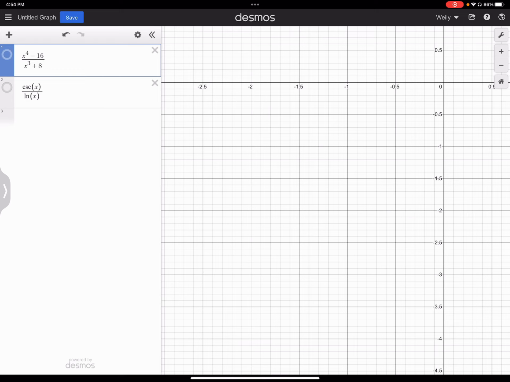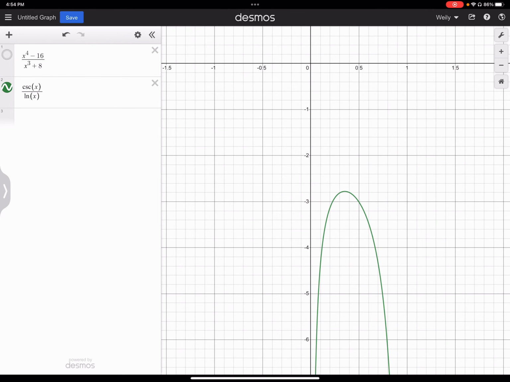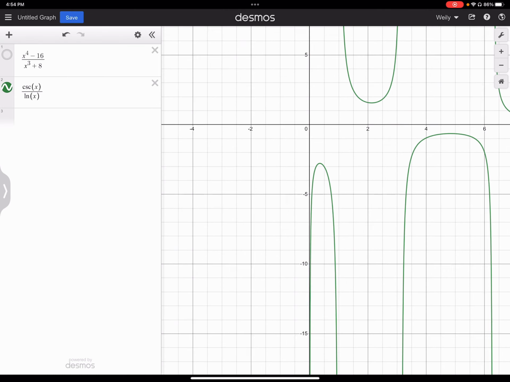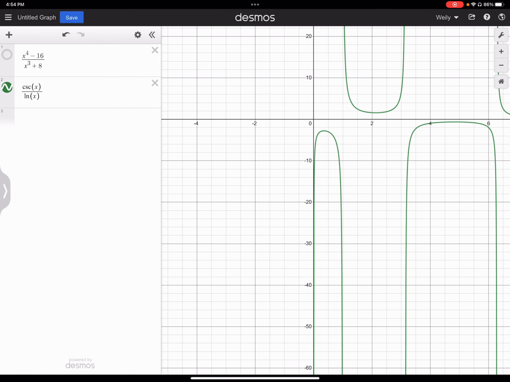If we switch over to the log one, as we approach 0 from the positive side, that graph is heading down the vertical asymptote at 0 towards negative infinity, which confirms our limit.